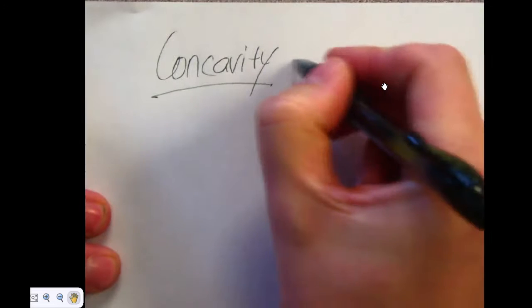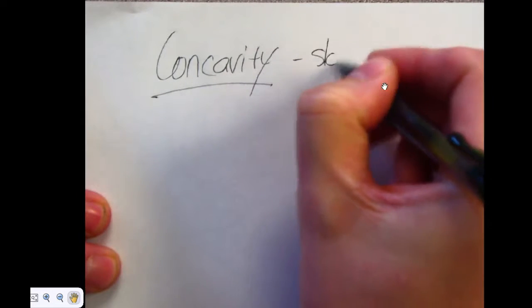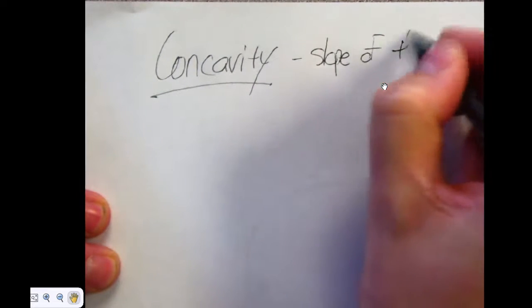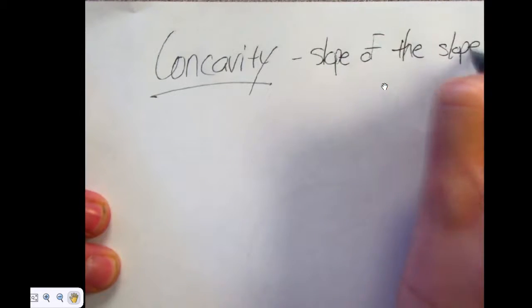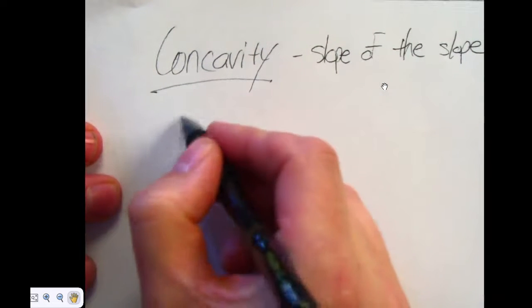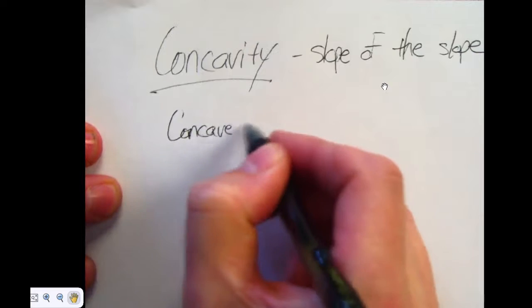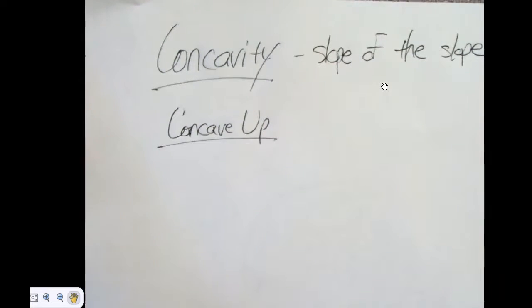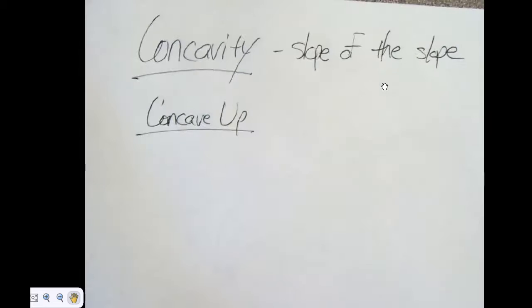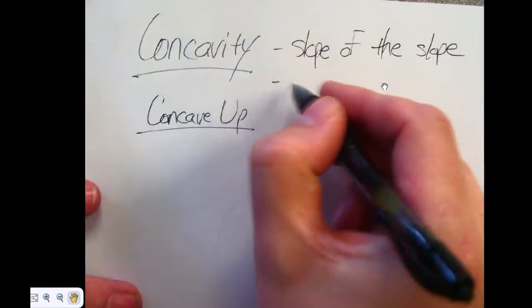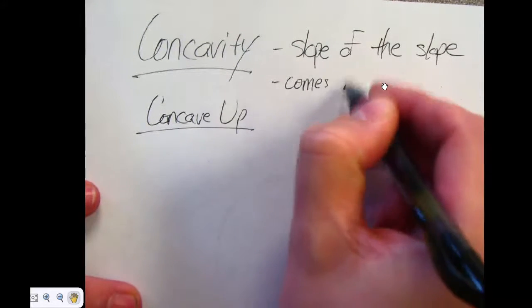Concavity is the slope of the slope. The information comes from the second derivative.